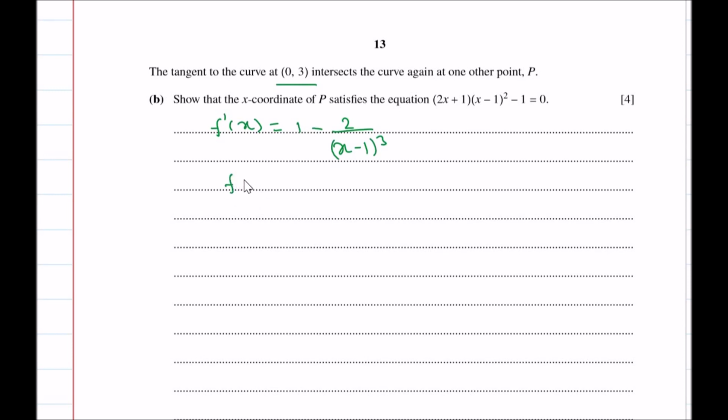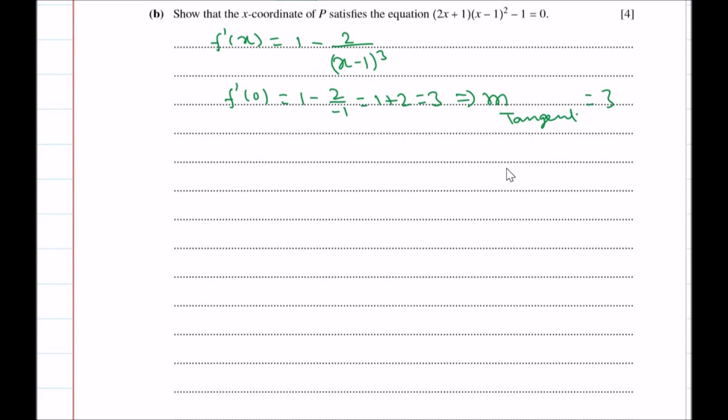So you find f dash 0, that is 1 minus 2 by minus 1, that is 1 plus 2, that is 3. What does it mean? The gradient of the tangent is equal to 3.